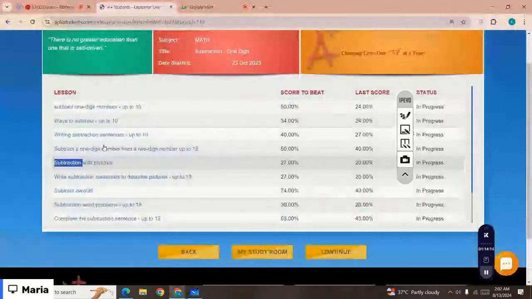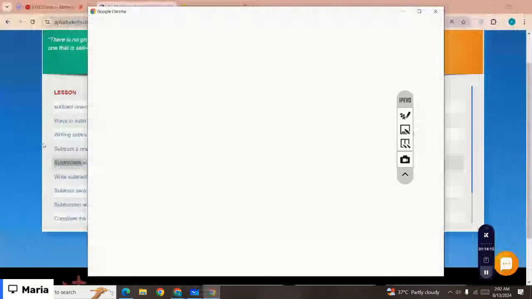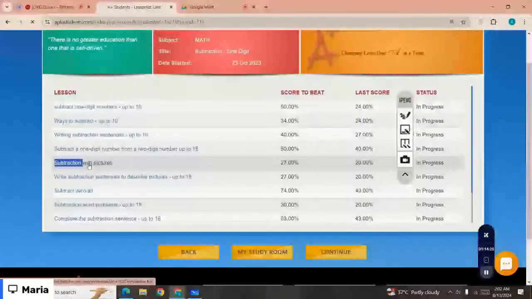Let's just start with the lesson that is subtraction with pictures.